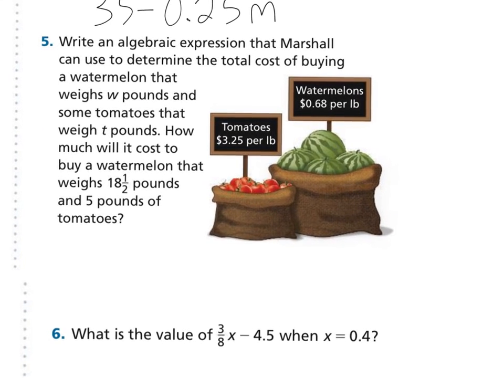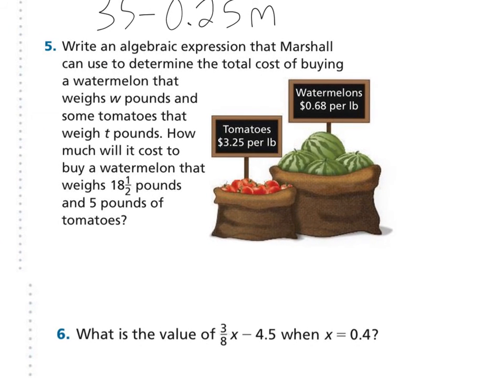If we look at number 5, again, they want us to start out by writing an algebraic expression that Marshall can use to determine the total cost of buying a watermelon that weighs W pounds and some tomatoes that weigh T pounds.